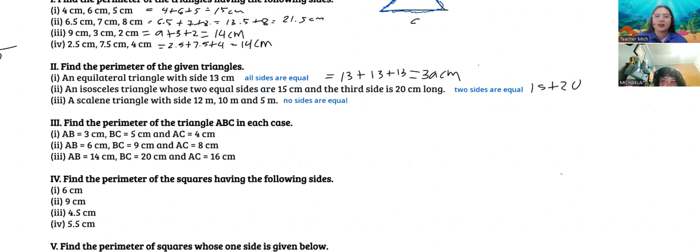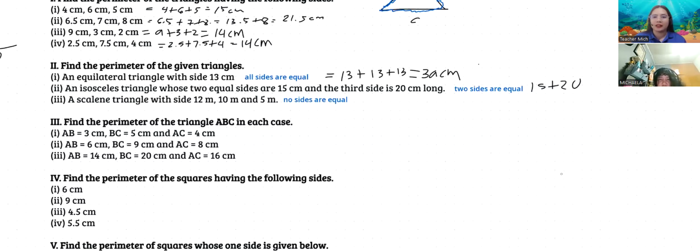Again, what is the characteristic of an isosceles triangle? Two sides are equal. Okay, very good. Two of its sides are equal. According to our given, anak, kindly read. An isosceles triangle. Those two equal sides are 15 centimeters.